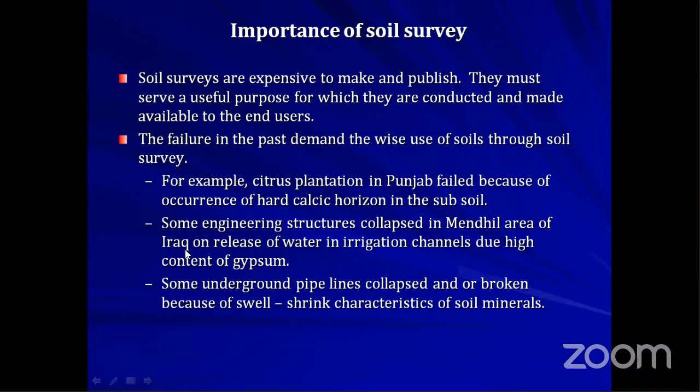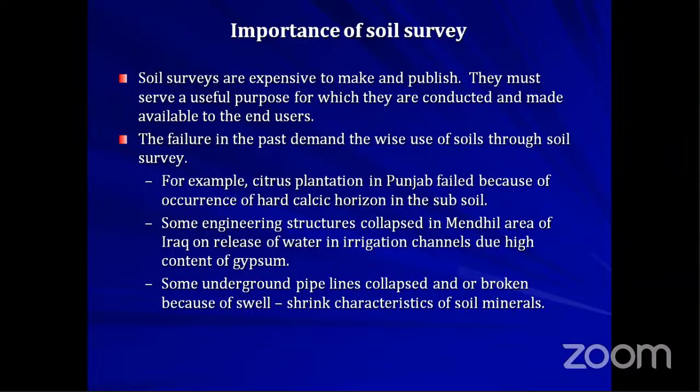At the same time, students, in one country, Iraq, in the Mandali area, they constructed an irrigation channel. What happened? The soil contained a lot of gypsum. Whenever the irrigation water was released, the gypsum dissolved, and the irrigation channels completely collapsed. You can also see some underground pipelines collapse. What will happen if we lay underground pipelines in Vertisols, which have a lot of 2:1 expanding type of clay?